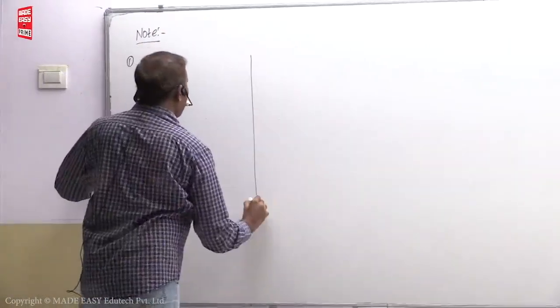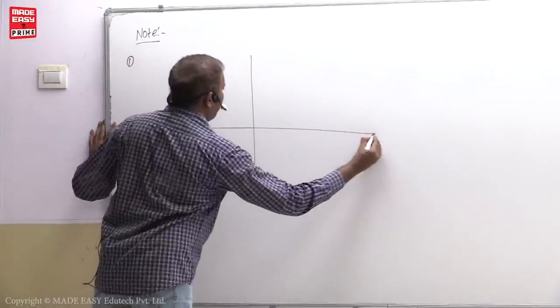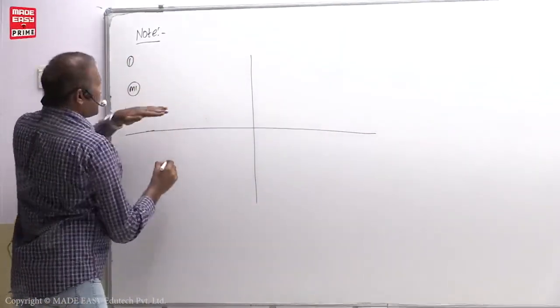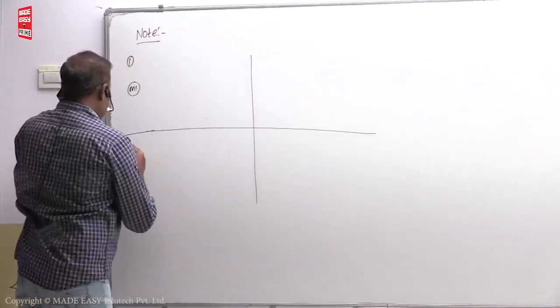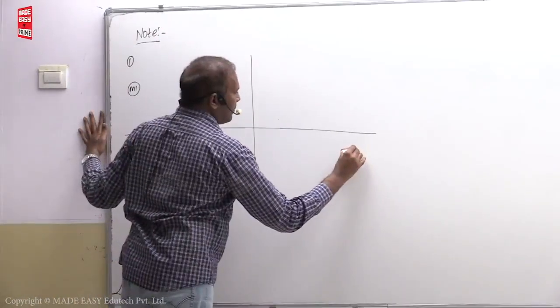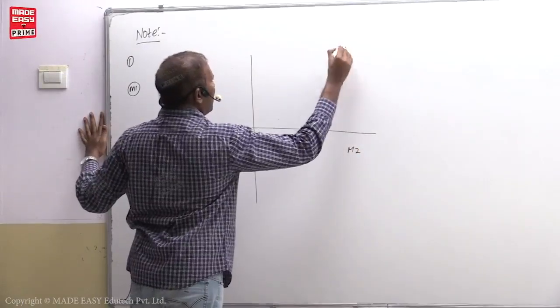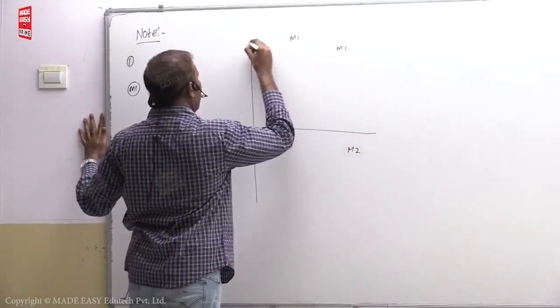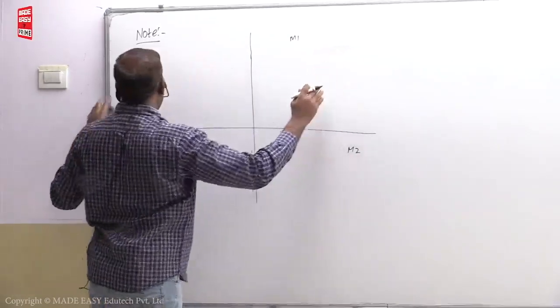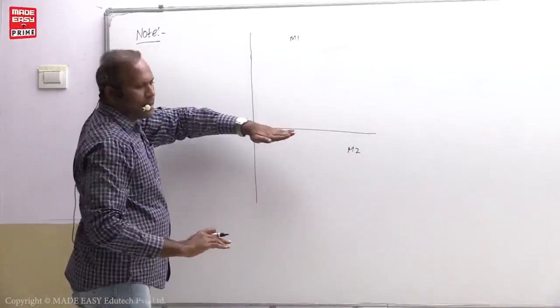For example, this one is medium 1, top side medium 1, and bottom side it is medium 2. That means this is the boundary surface.